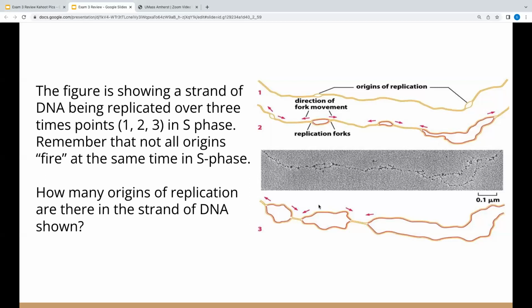As the bubbles grow, you can see there are 3 here, and after this time point, eventually they would all connect to meet, and there'd be 2 distinct strands of DNA.